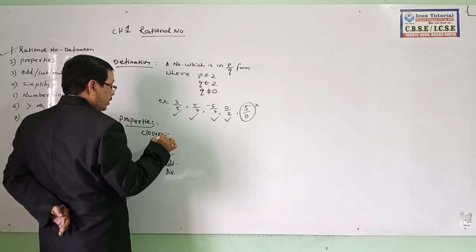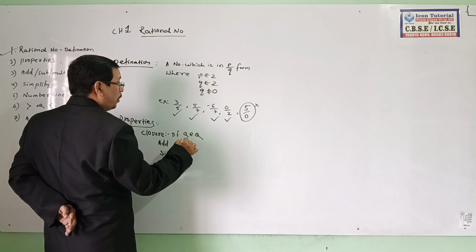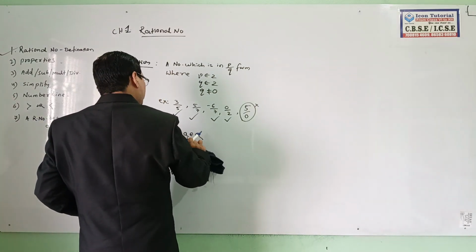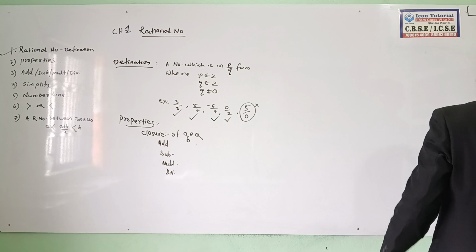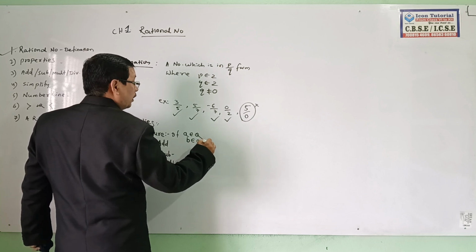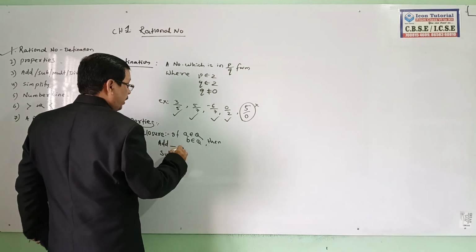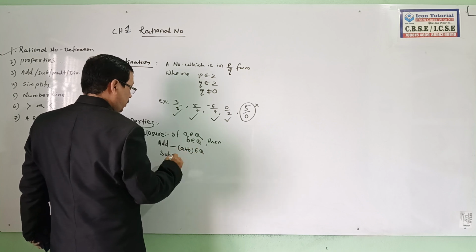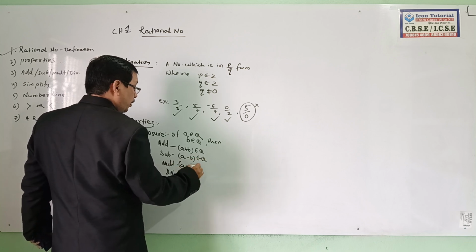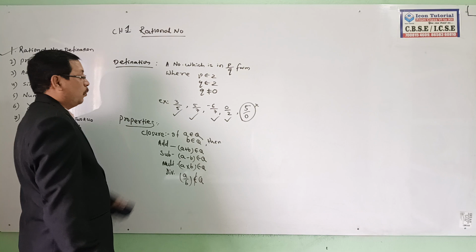If A belongs to Q and B belongs to Q, then A plus B belongs to Q, A minus B belongs to Q, A into B belongs to Q, A divided by B belongs to Q. What is this?